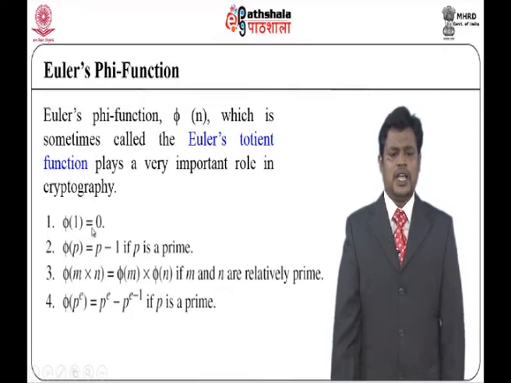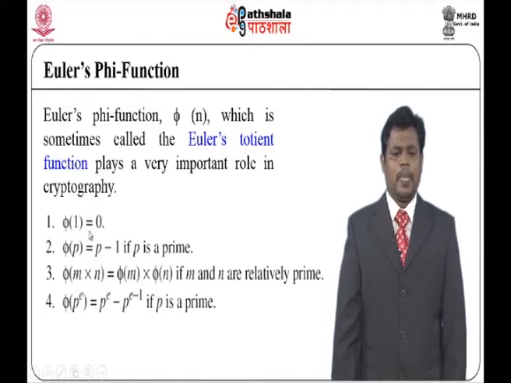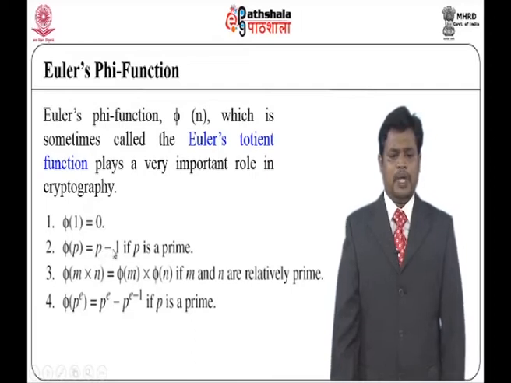What does the first rule say? If n is equal to 1, then I can directly say that phi of 1 is 0. The second rule: if n is a prime number p, then directly I can say phi of p is p minus 1.